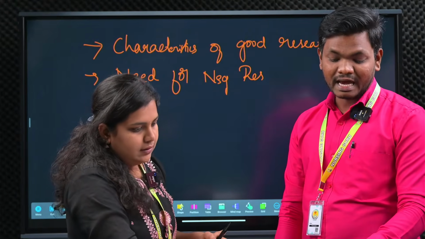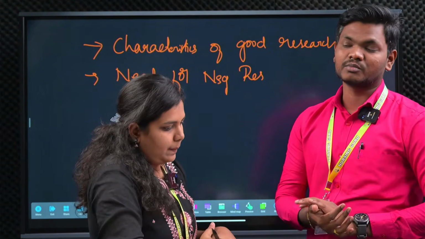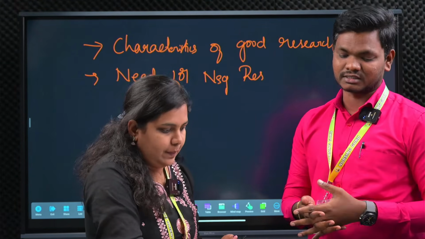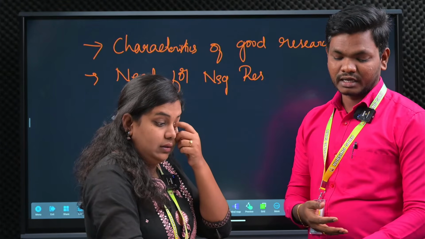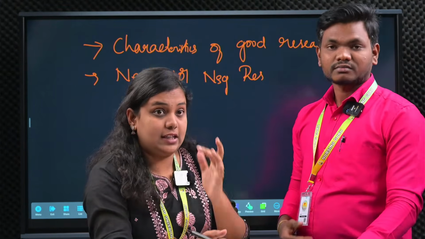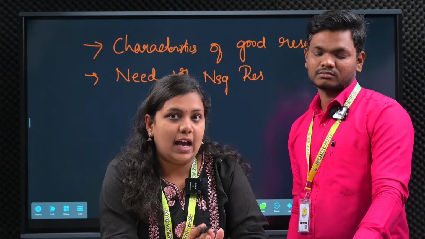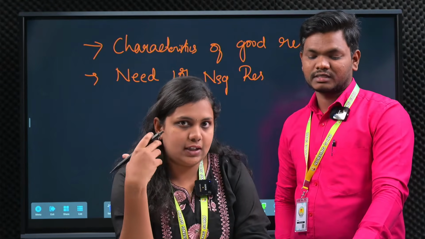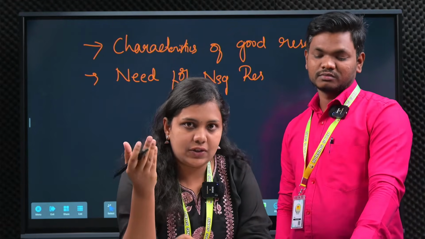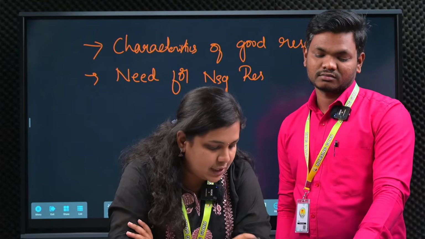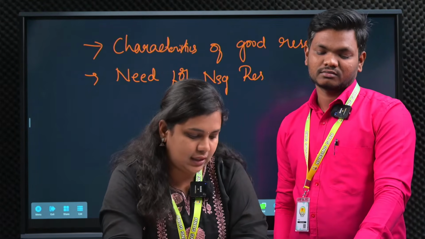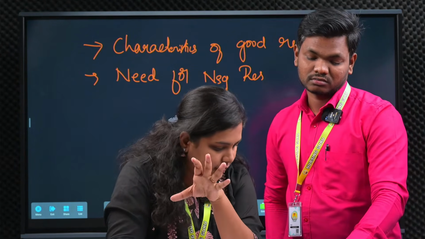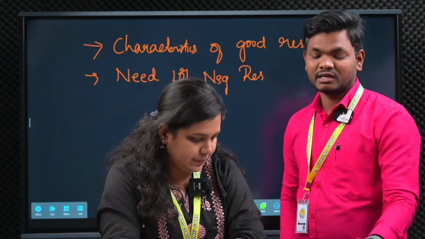Then characteristics may also come for 2 mark questions. So what are the characteristics of nursing research, or research, or good research? It is systematic and scientific. Whatever research we are conducting must have objectivity. It should have some goal or aim. It must be logical. Whatever research we are conducting should have some value, and it should be generalizable.